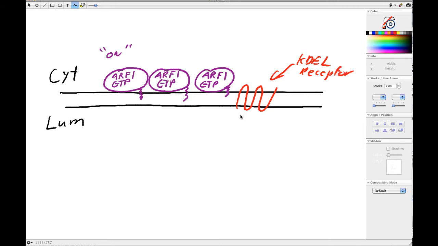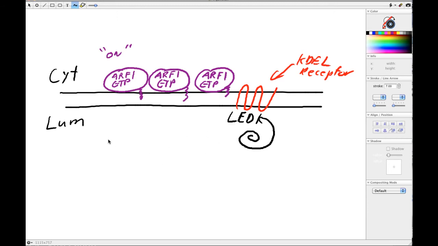And then we've got the KDEL sequence containing protein interacting with the KDEL receptor.